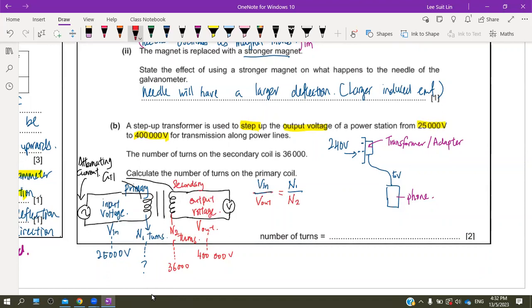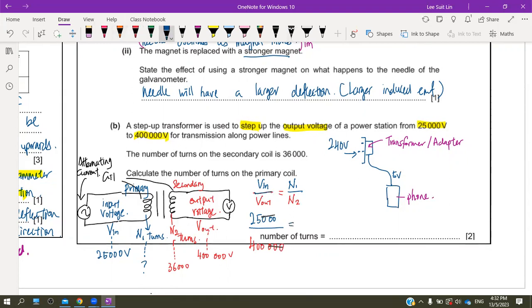And so we know our input voltage is 25,000. That's why I prefer to use prefix. Never mind. The output is stepped up to 400,000. I'm going to just preemptively cut the zeros.